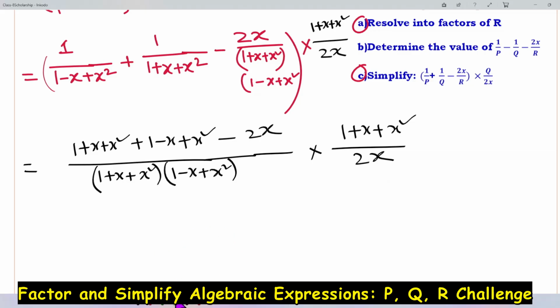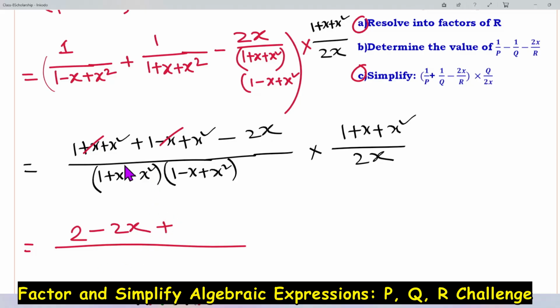Okay, then we can write, here is 1 and 1, it will be 2, right? 1 plus 1, it will be 2. Then x plus x minus x out, but here is another minus 2x, we will keep.